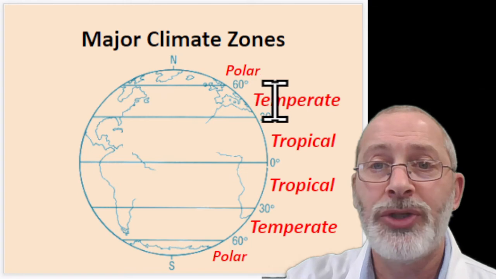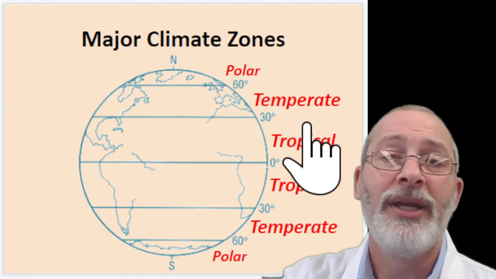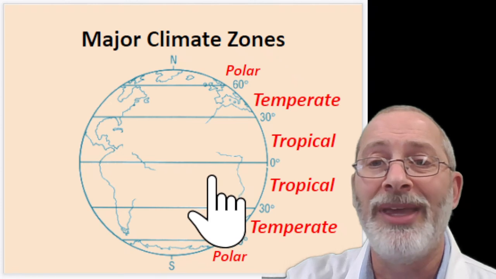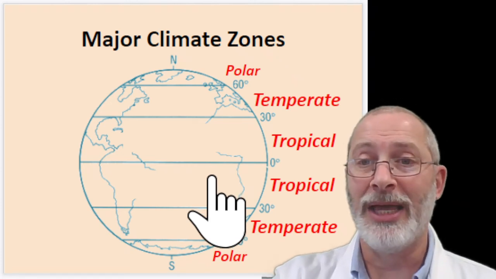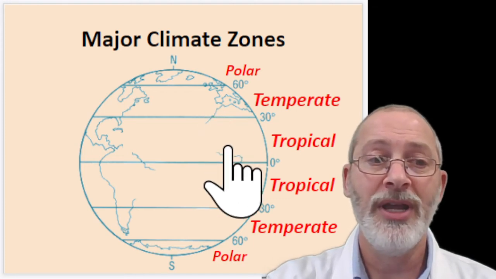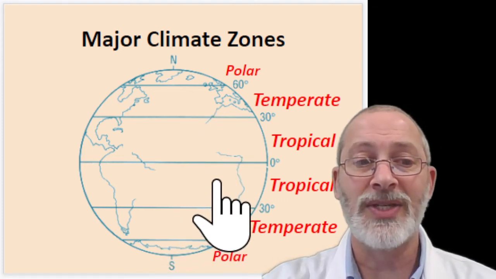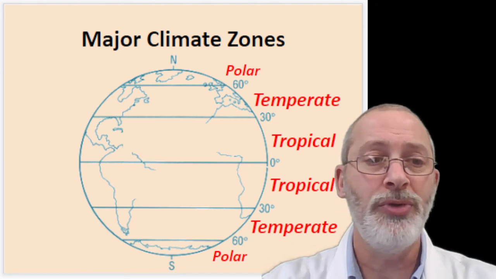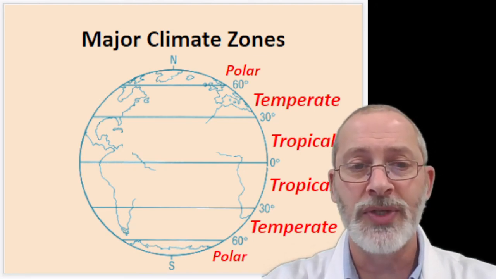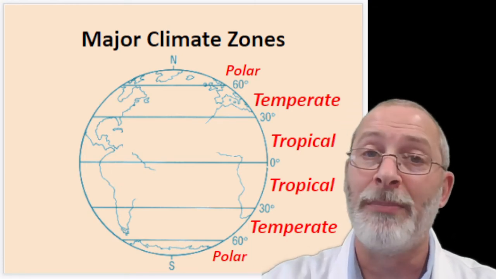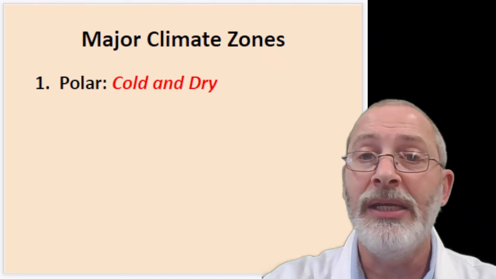In the mid-latitudes, we call them the temperate climate zones. And on either side of the equator, we have the tropical climate zones. And again, it's the same in the northern hemisphere as it is in the southern hemisphere. But what we're going to do right now is take a trip through these different climate zones and add some more detailed information about the temperature and precipitation in each.